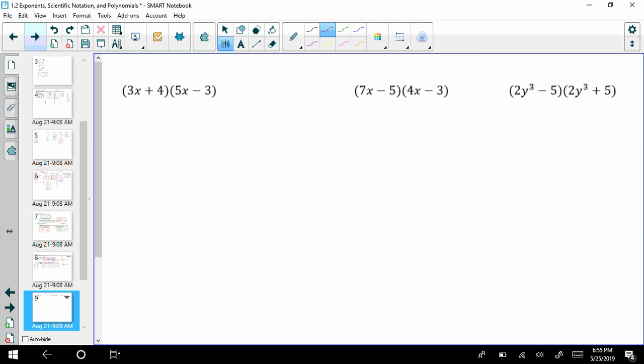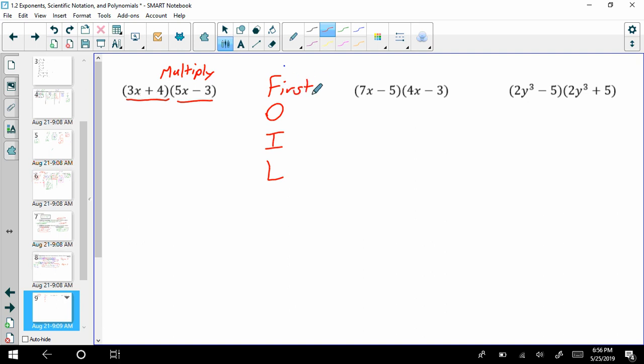All right, the next set, now notice here the operation between them, if they're written right up next to each other, this is multiplication. We're going to multiply them together. Now, if you think back to the math classes you took in high school, when you have two terms and two terms, we will often use something called foiling when we multiply.